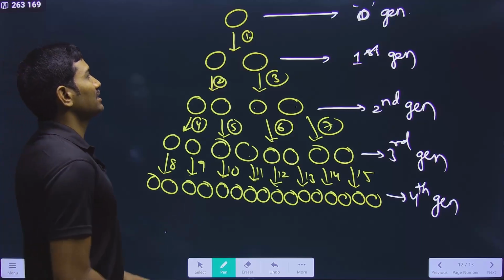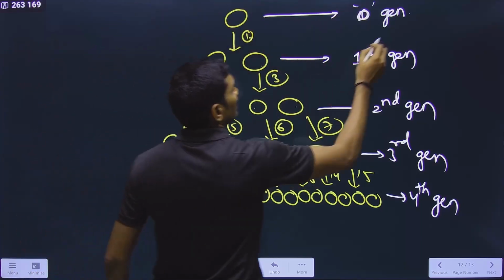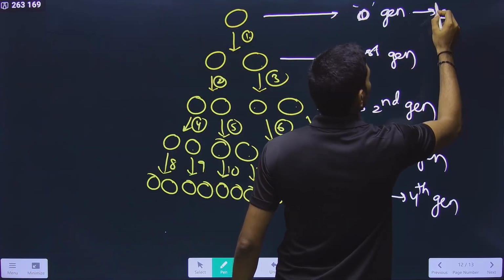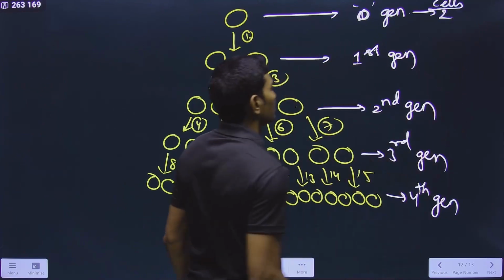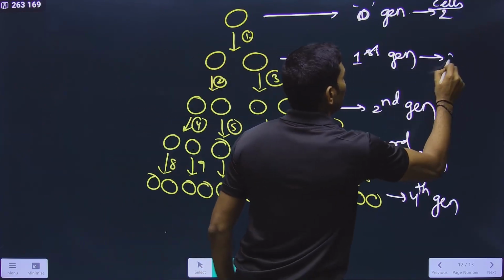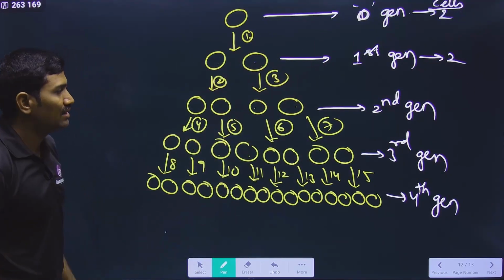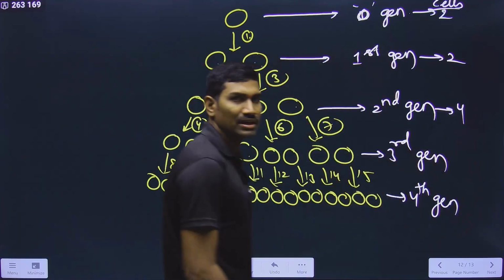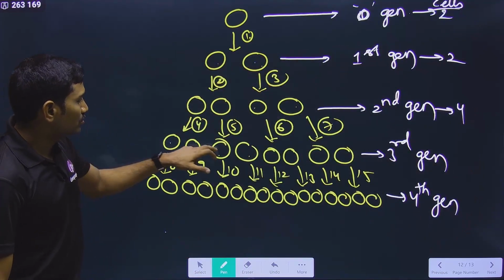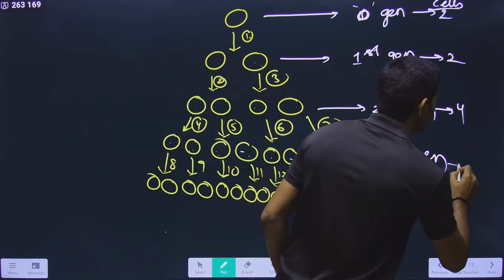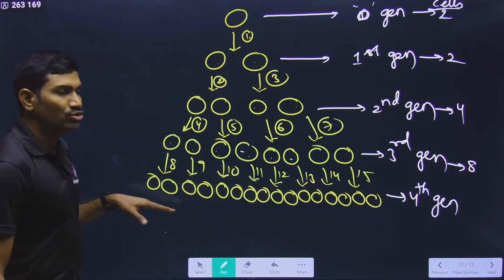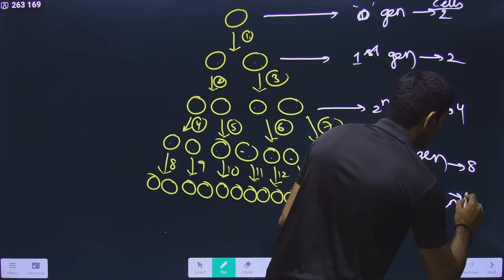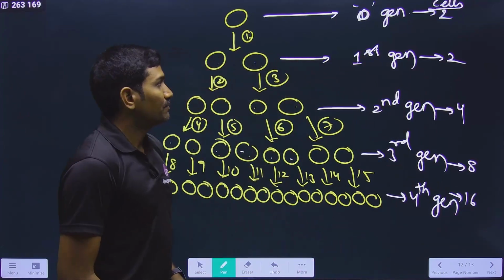In the 0 generation, how many cells? 1 cell. In the first generation, total how many cells are there? 1, 2. 2 cells. In the second generation, 1, 2, 3, 4. 4 cells are present. Yes or no? In the third generation, 1, 2, 3, 4, 5, 6, 7, 8. 8 cells are present. And in the fourth generation, 16 cells are present.